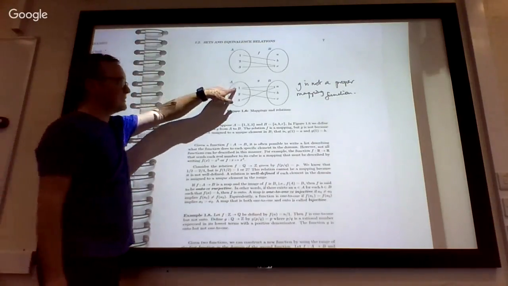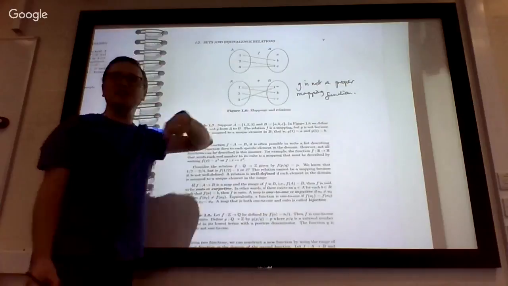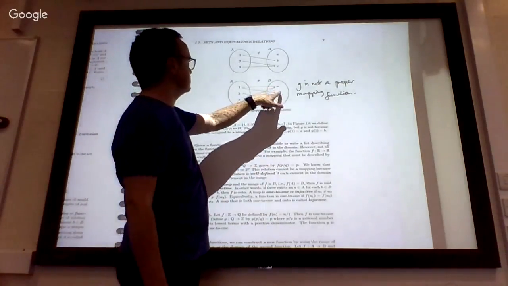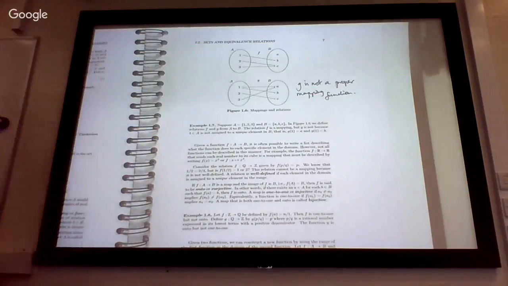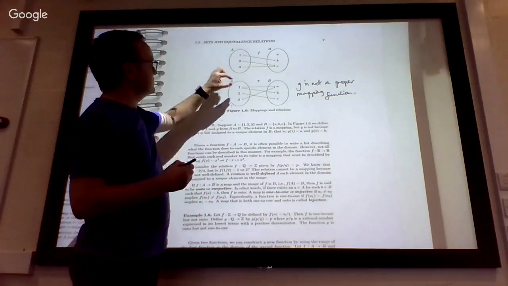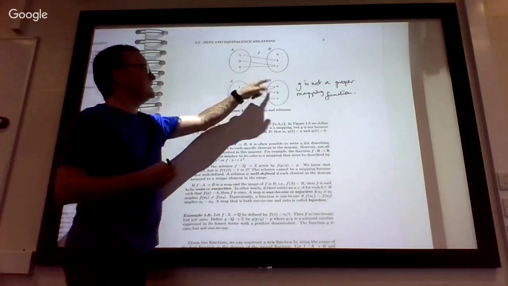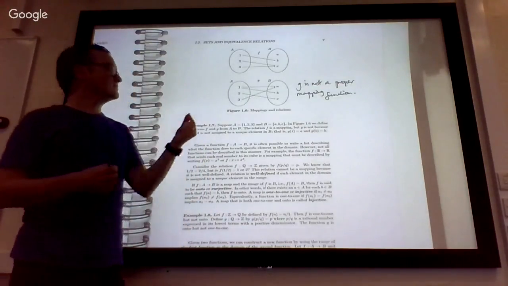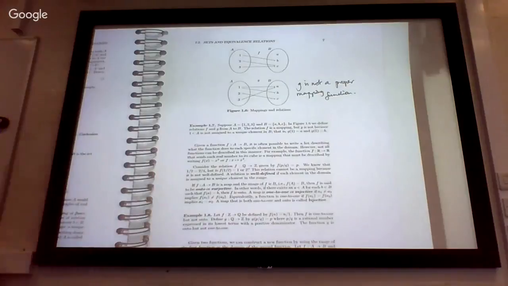That's not to say it might not still be mathematically meaningful to study this kind of thing that associates 2 elements, A and B, to element 1, but it's not what we would term a mapping. So a mapping or function for us here is going to be this process where you can take an argument and you get a unique value out from that argument. A single unique value. You don't get more than one value.